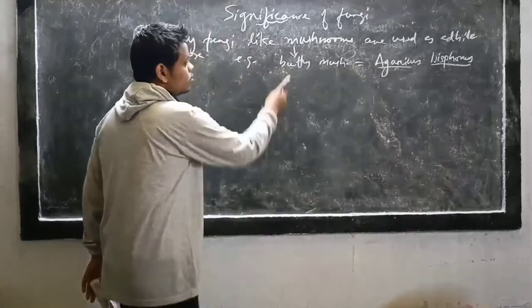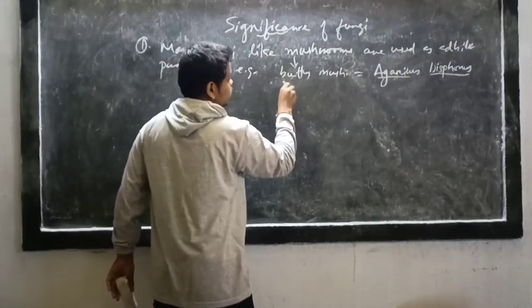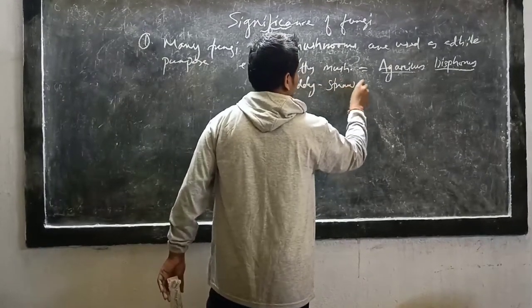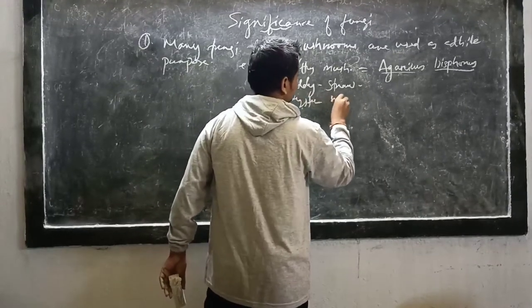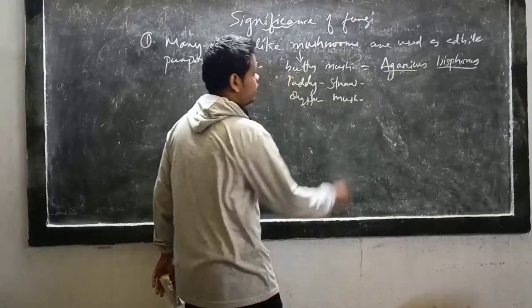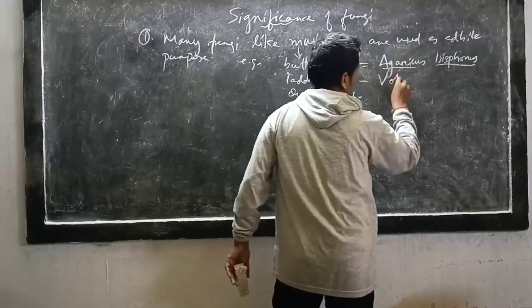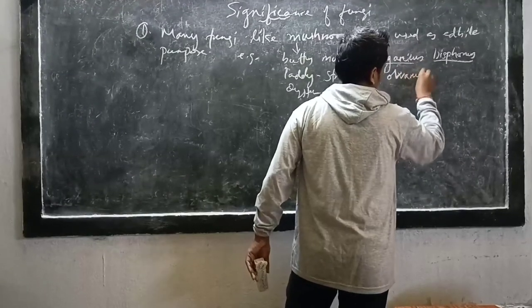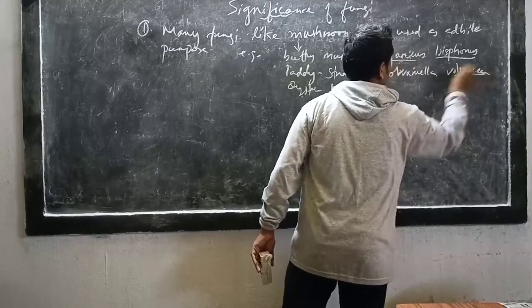Then, apart from button mushrooms, there are other mushrooms like paddy straw mushroom and oyster mushroom, etc. Paddy straw mushroom is scientifically called Volvariella volvacea.